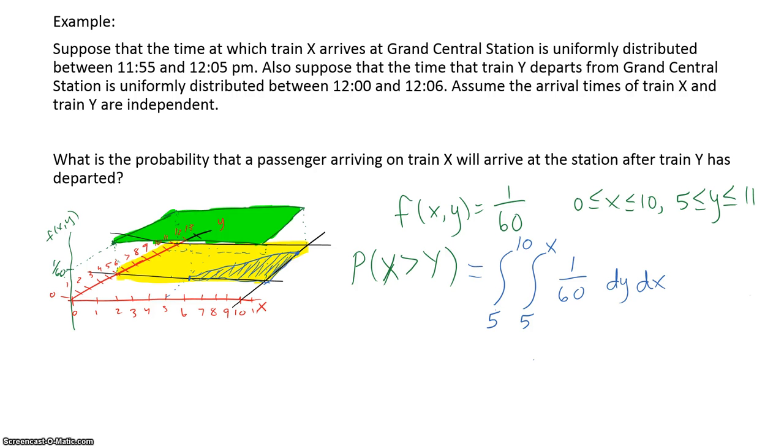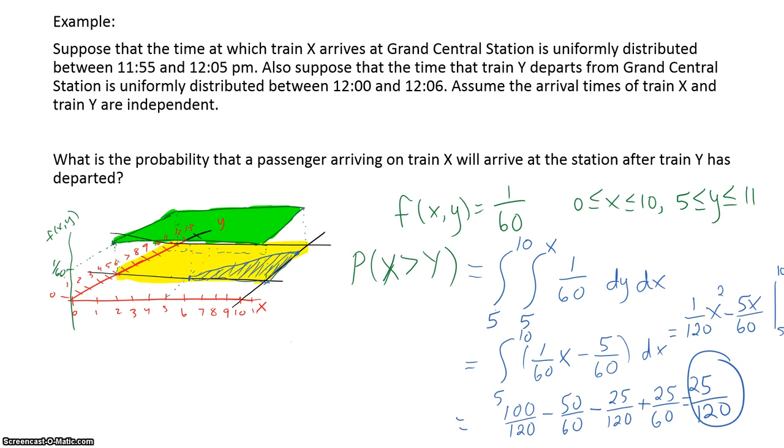So if I go through, I do my first integration. Now I'm going to integrate with respect to x and evaluate. I get a probability of 25 over 120. Now I can check this using basic math because really what I have here is a sort of triangular box.